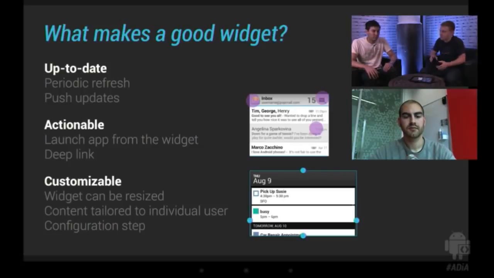So before or after the user selects which widget to add, you have the option of providing an interstitial page where they can customize what should be shown in the widget. So make sure to make use of that as well. Again, in the case of the feed reader example, you want to give them the option to specify which feeds they'd like to see in that widget. And that's probably preferable to having multiple widgets.